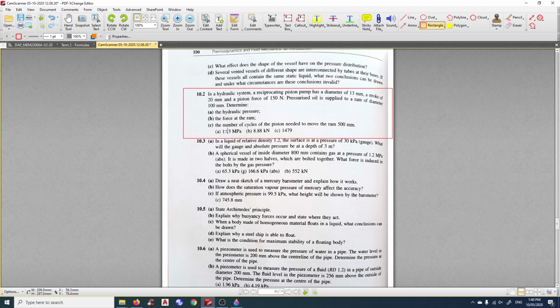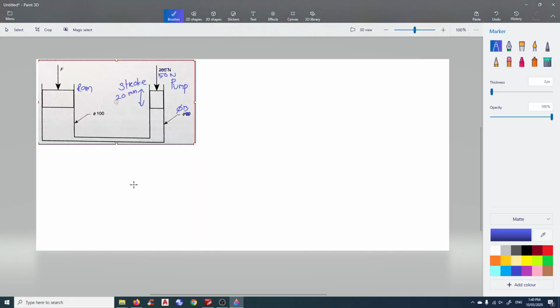Now the only difference is question C. If the pump stroke is 20 mil, in other words the pump moves up and down by 20 mil, what is the number of cycles of the piston if we want to move the ram by 500 mil? So that's question C. I just transferred the previous drawing. As you can see, here it is 150 newtons instead of 200 newtons. So this is a pump, 13 mil diameter.